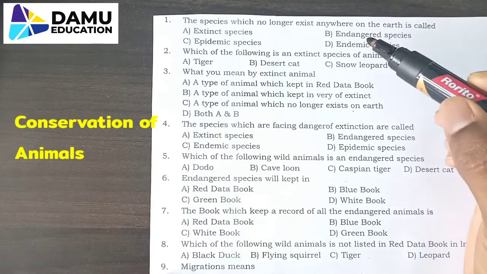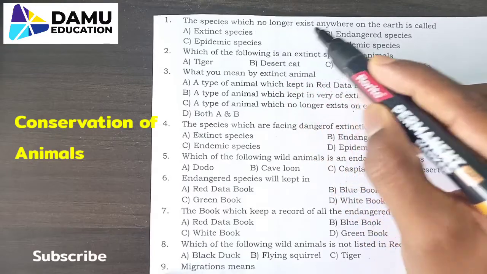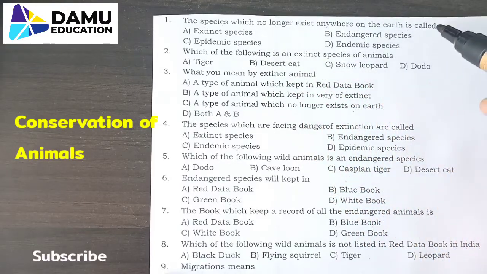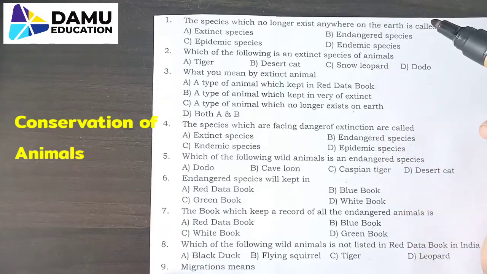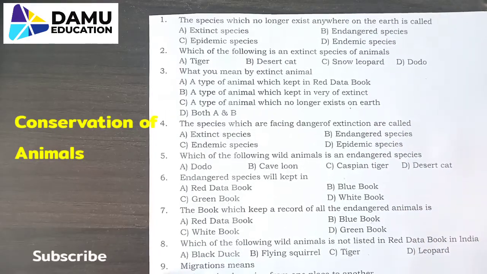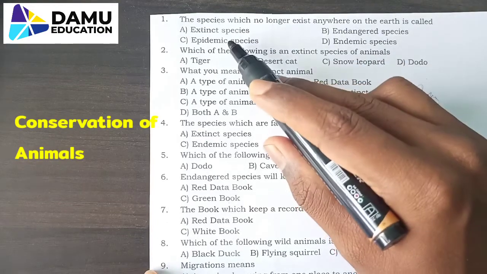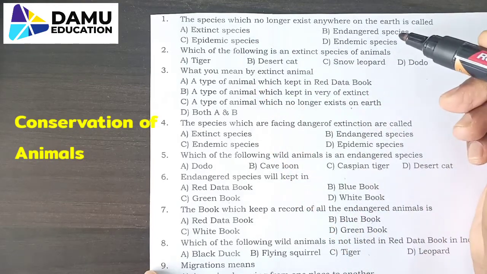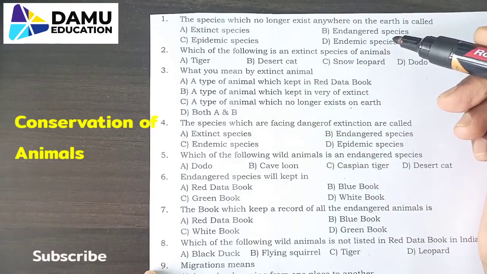So we're going to start with the first one. The species which no longer exist anywhere on the earth is called. No longer exist means it will completely vanish after some days. The options are extinct species, endangered species, epidemic species and endemic species.